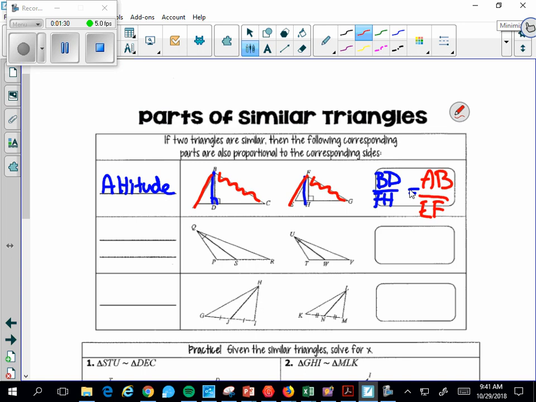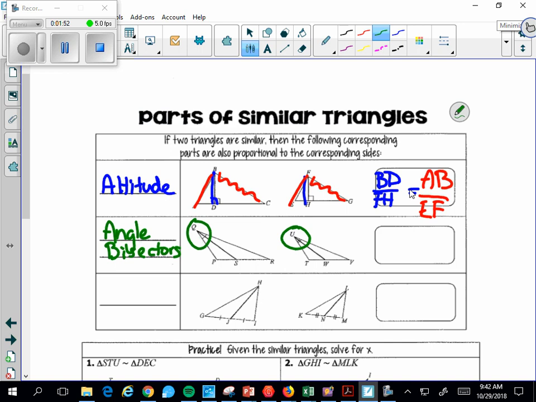The next one that I've got, you'll notice that I've got the angles being cut right in half. Those are the angle bisectors. If two triangles are similar, their angle bisectors are proportional.